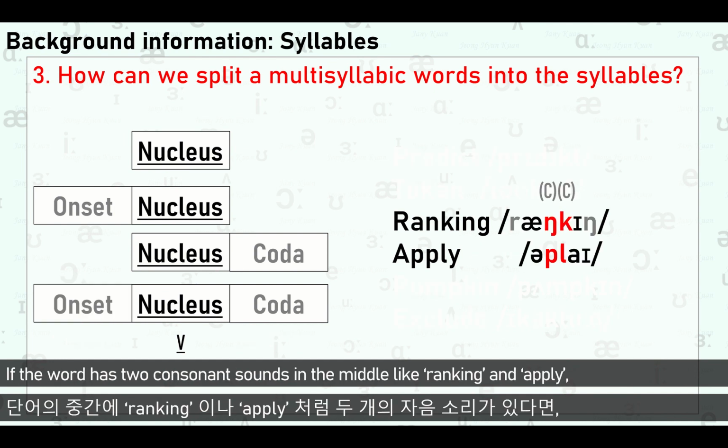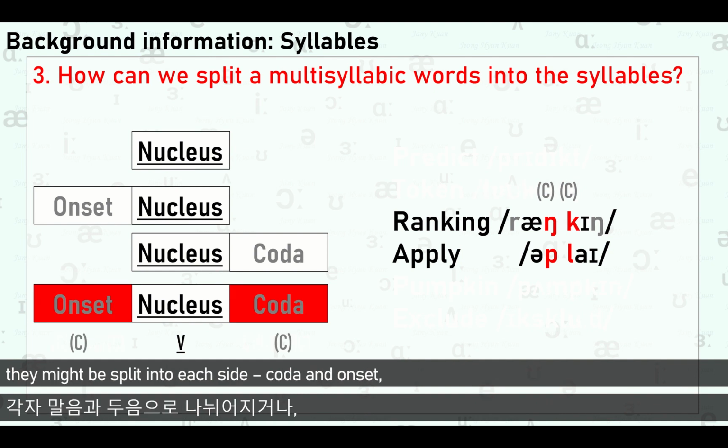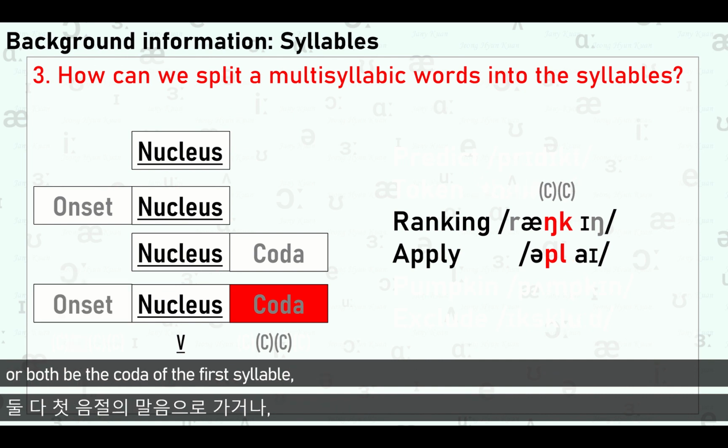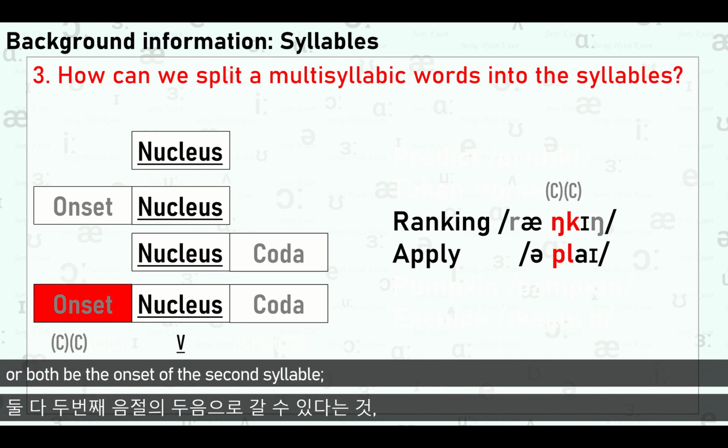If the word has 2 consonant sounds in the middle, like ranking and apply, they might be split up into each side, coda and onset, or both be the coda of the first syllable, or both be the onset of the second syllable.